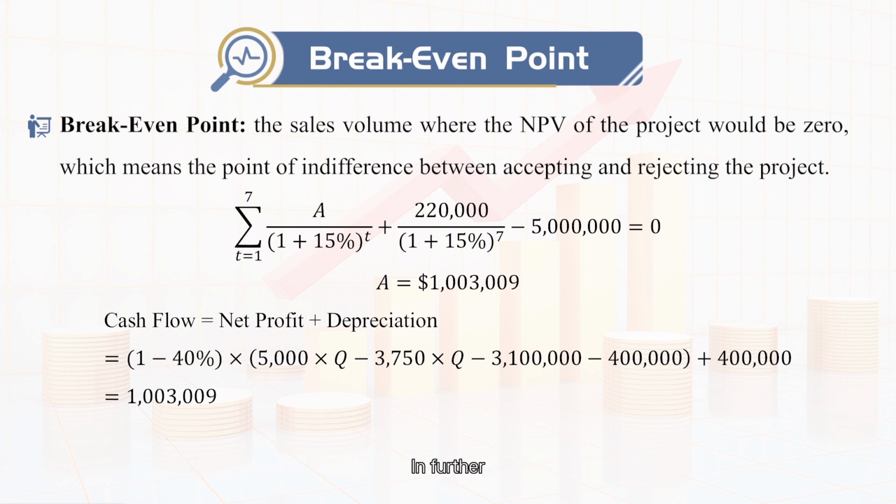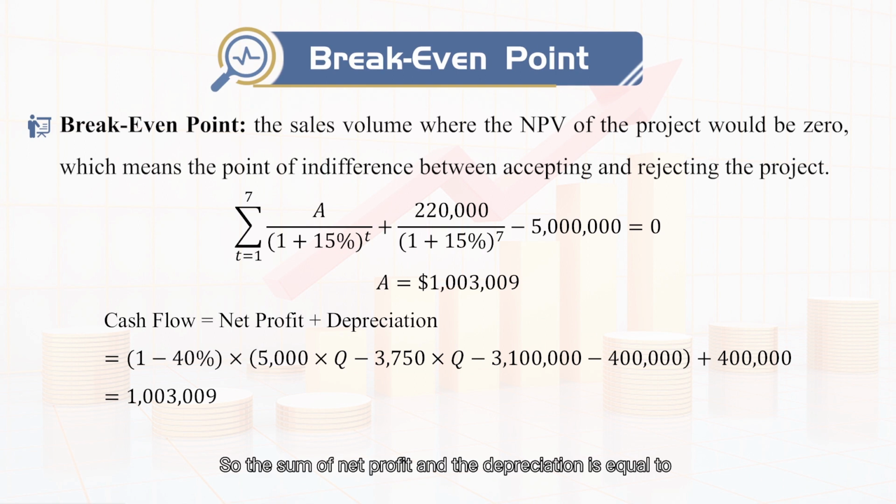Further, net profit is equal to the sales, 5,000 multiplied by Q, minus the total variable costs, 3,750 multiplied by Q, minus the cash fixed costs of 3.1 million and minus the depreciation of 0.4 million, altogether multiplied by 1 minus the tax rate of 40%.